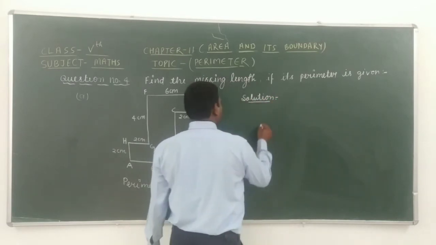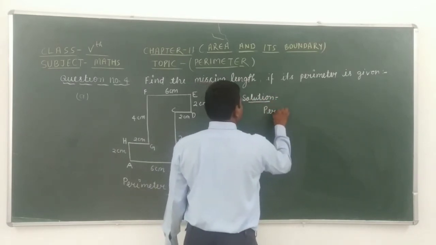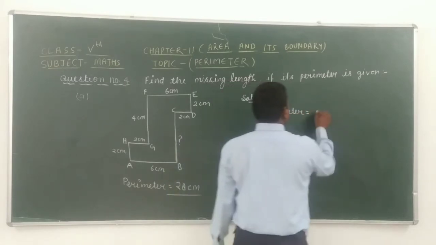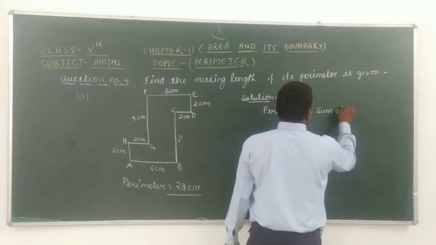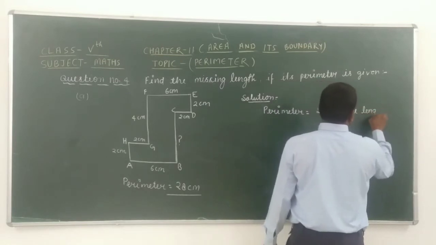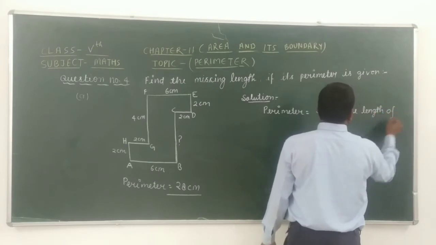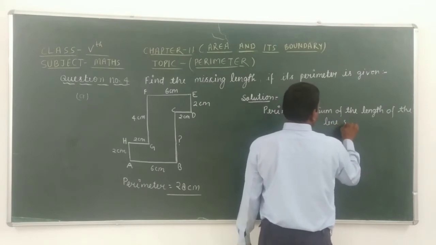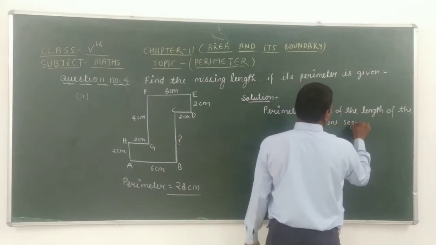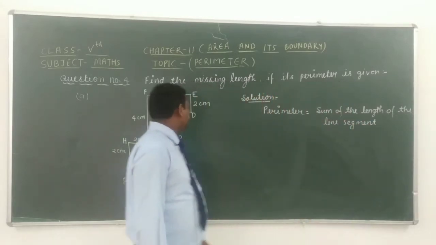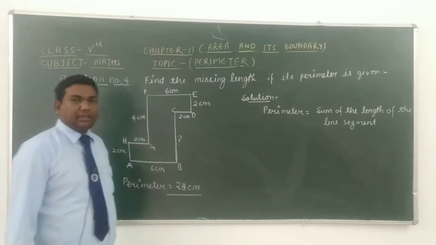We know that the perimeter is equal to the sum of the lengths of the line segments of a simple closed figure.